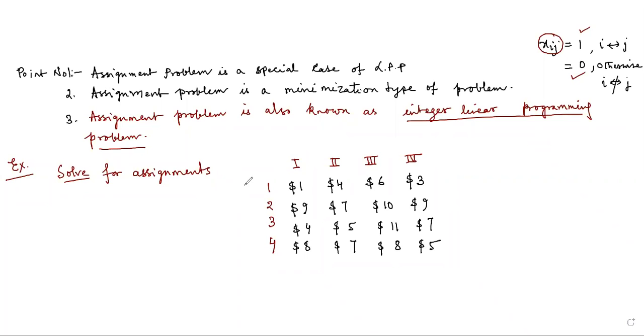They think that by convention, students understand that if nothing is mentioned, it is a minimization type of matrix. Therefore, I am specifically letting you know that it is a cost matrix I am taking, so the Hungarian method will be directly applied.